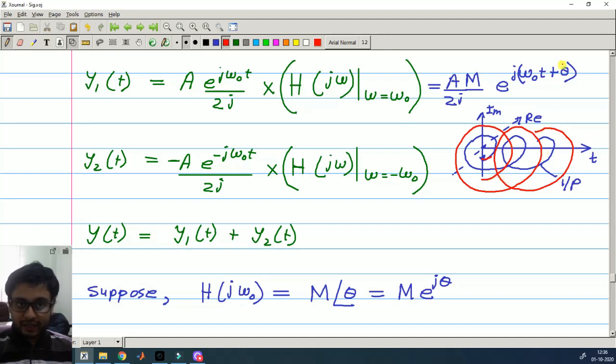Also, this angle theta will change the starting point of this signal. The input signal was starting from here, maybe the output signal will start from this point here, and this angle will be angle theta. Okay.